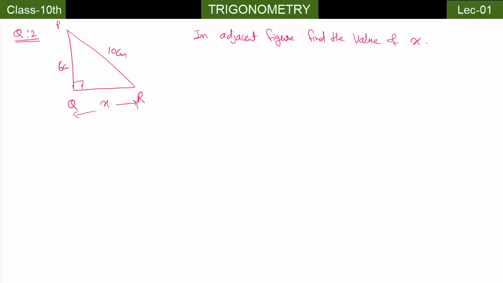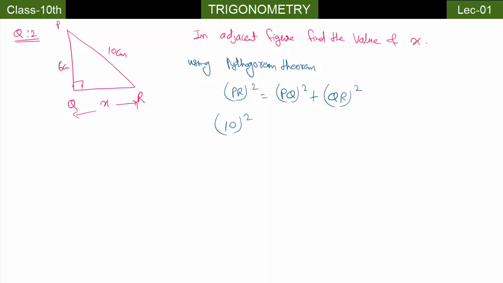So using the Pythagorean theorem, I get the square of the greatest side is equal to the sum of the squares of the remaining sides. The remaining sides are PQ and QR. If I plug in all values, PR is 10, so I get 10 square equals PQ, which is 6, so 6 square, plus QR, which is X, so X square.